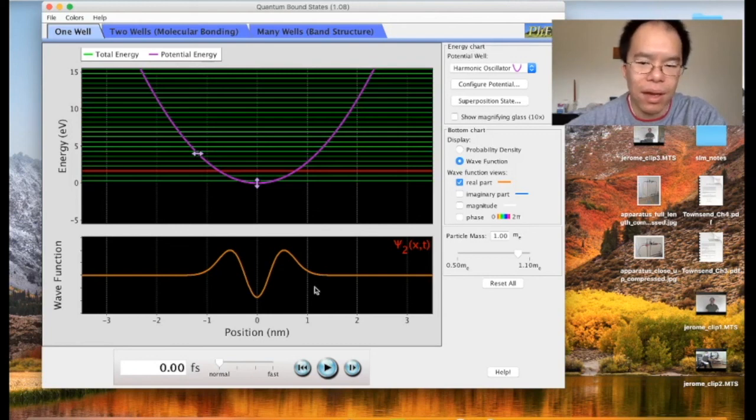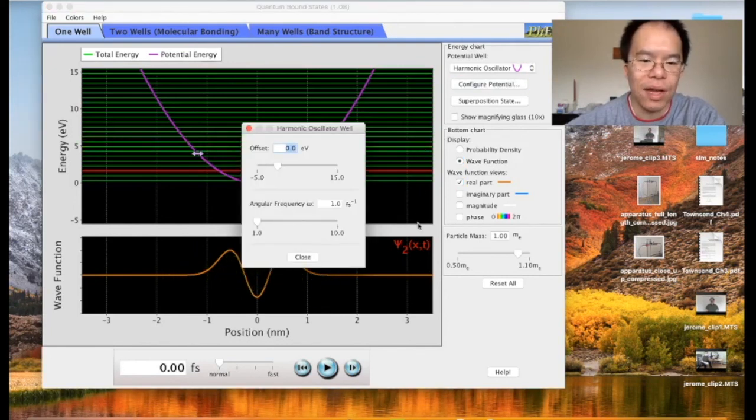You should run this simulation and play around with it, take a look at the wave functions and probability densities, and play around with changing the potential energy. For instance, I could tune the offset or change the omega associated with this oscillator if we wanted to.